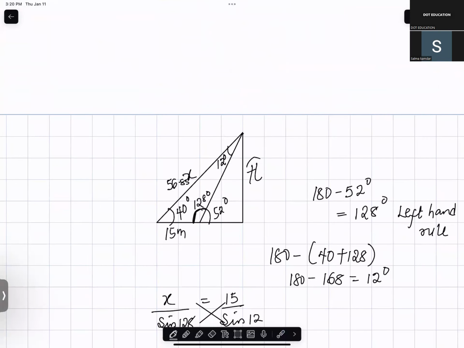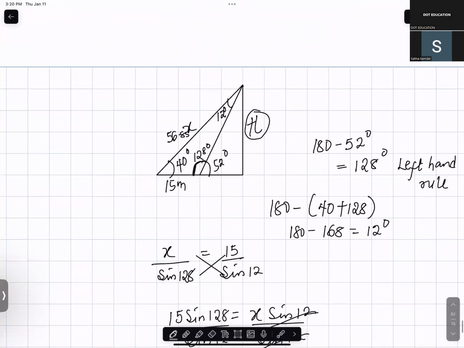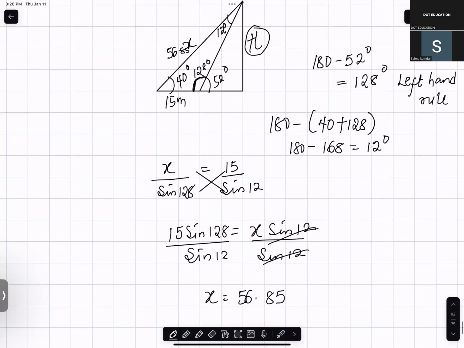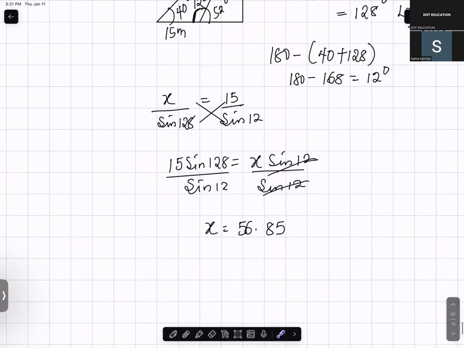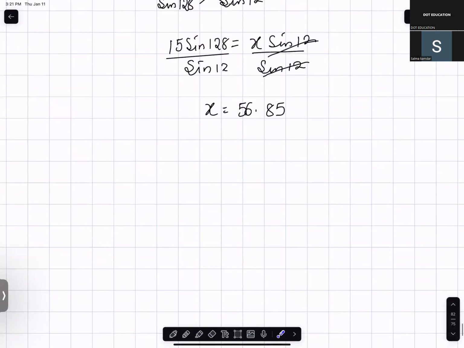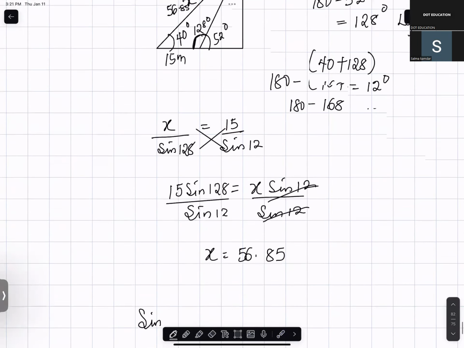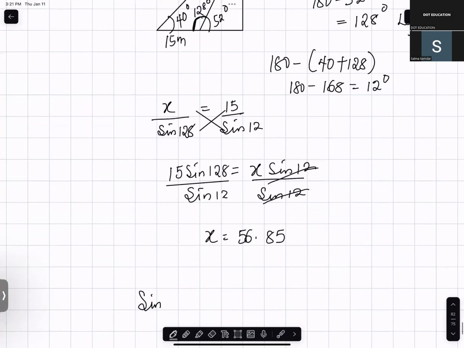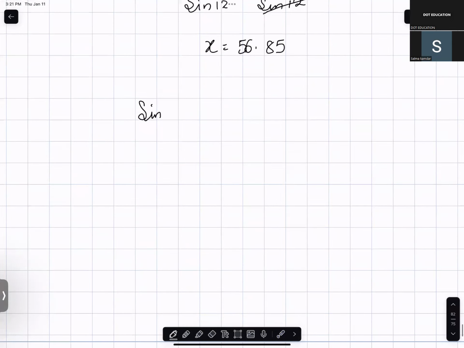Now we're looking for the h. So we can use our basic trigonometry. Since this is the opposite to this, and this is our hypotenuse, I'll use sine theta. So sine theta, which is sine 40 degrees, equals the opposite, which is the height we're looking for, divided by our hypotenuse, which is 56.85.